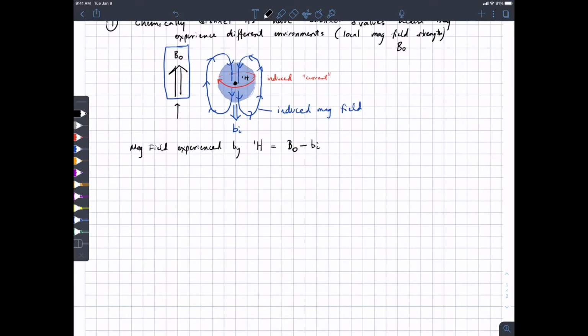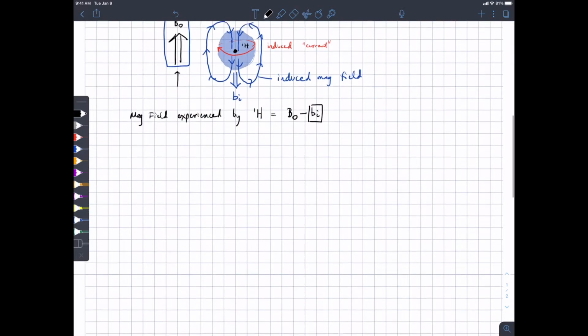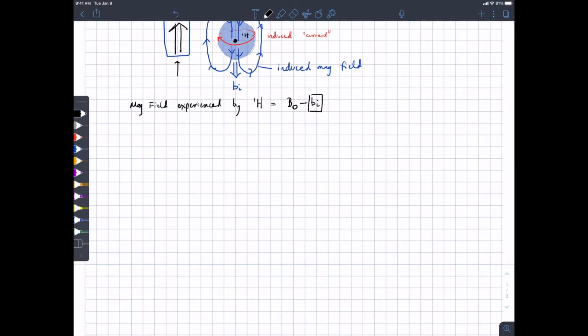We're not going to ever measure that induced magnetic field, but conceptually what that means is that electron-rich environments tend to generate larger induced magnetic fields in opposition to the external magnetic field. And therefore, protons in electron-rich environments don't experience as much of the external magnetic field. They are said to be shielded from it, and they will resonate at lower frequencies.